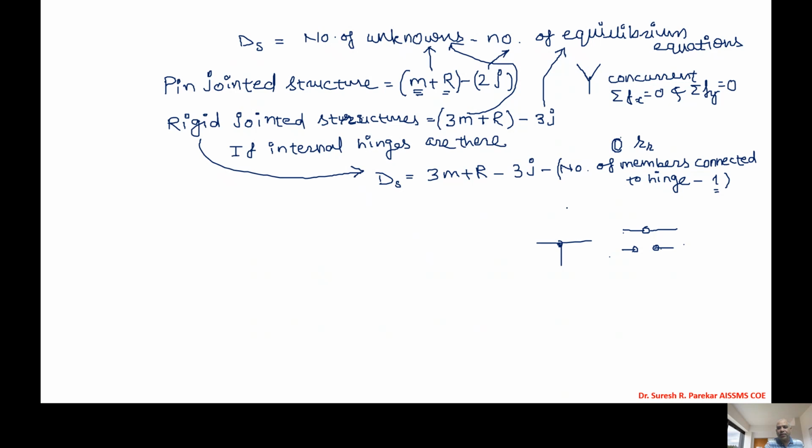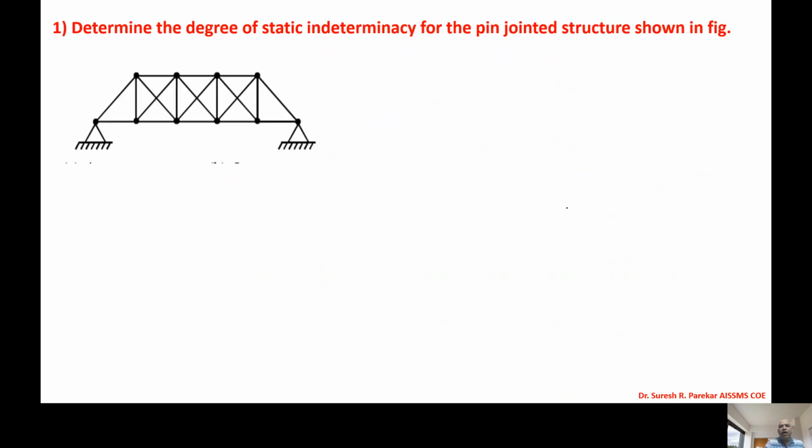Now we will solve some problems over here. So first, determine the degree of static indeterminacy for the pin jointed structure. We know for pin jointed we have m plus r minus 2j. Now we will calculate the joints: 1, 2, 3, 4, 5, 6, 7, 8, 9, 10.